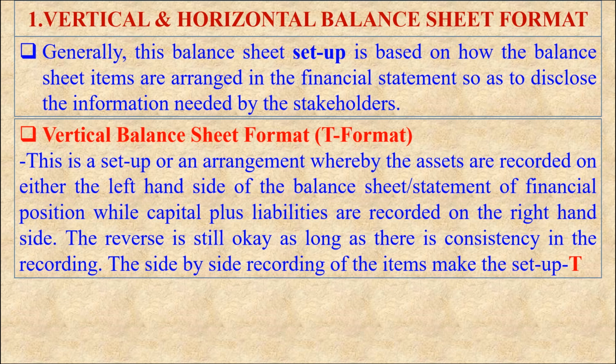Now the reverse is still okay as long as the recording is done in a consistent manner. For example, if you record the capital and the liabilities on the right-hand side and assets on the left-hand side, then you can also interchange so long as there's no conflict of interest as far as the balance sheet equation is concerned.